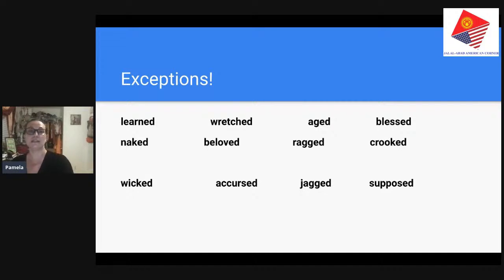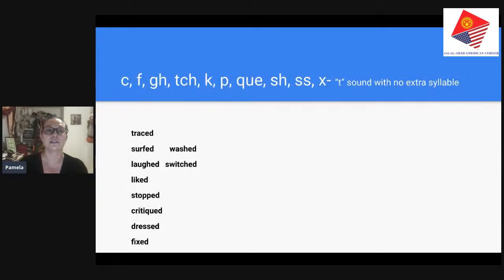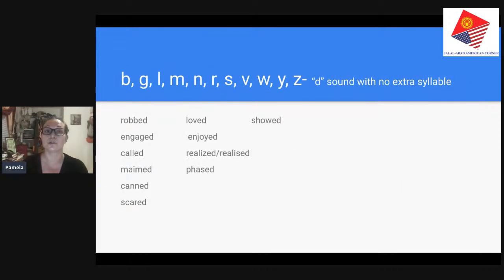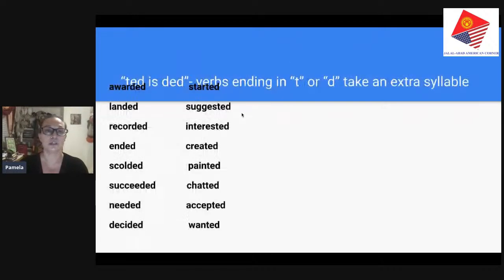So if you see it in a sentence where it is the simple past of the verb to learn, then you know it's pronounced learned with no extra syllable, because we have this in this rule, D sound with no extra syllable because it's an N, just like canned, ND. So learned.